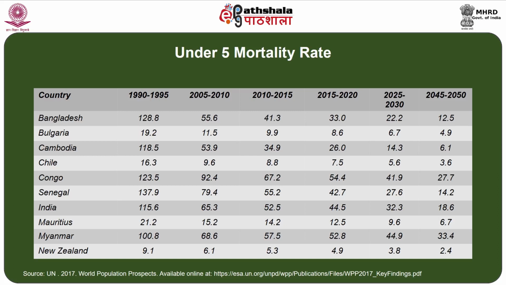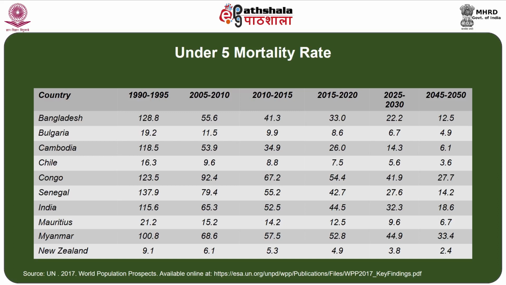Malawi, for instance, which had a life expectancy of only 46.7 years in 90 to 95, has increased to 60.7 years in 2010-2015, and it is projected to increase to as high as 67.8 years in 2025 to 2030.